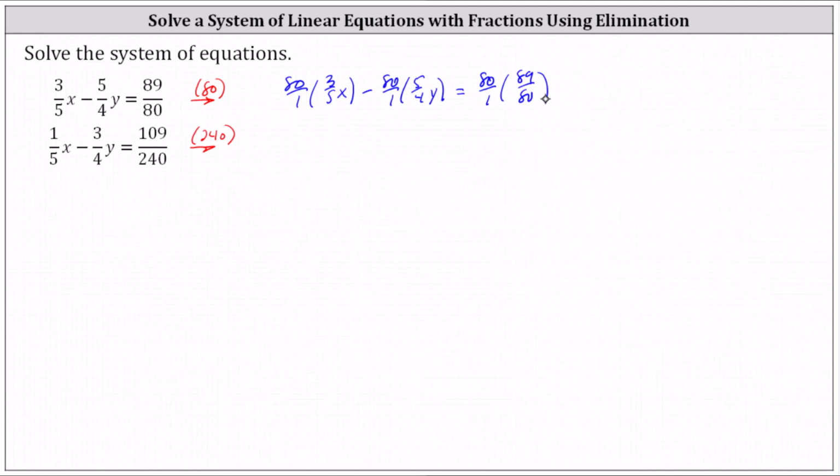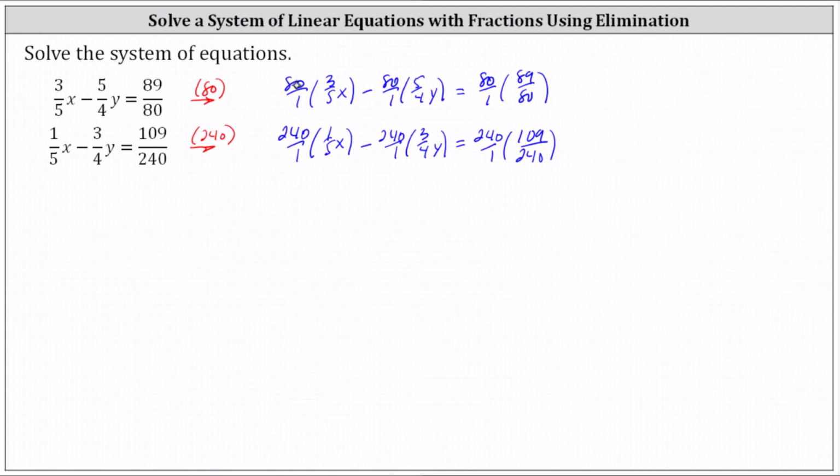And for the second equation, again, we multiply both sides by 240, which gives us 240 times 1/5 x minus 240 times 3/4 y equals 240 times 109/240.